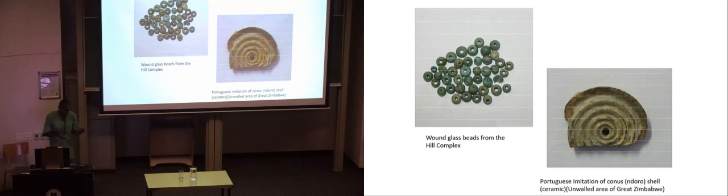What the Portuguese then did was manufacture ceramic imitations of the back end of those conus shells, and this is what we are seeing here. This is not a shell; it's just a ceramic, which was also glazed, but it's an imitation that looks exactly the same as the conus shells that are known locally as the ndoro.